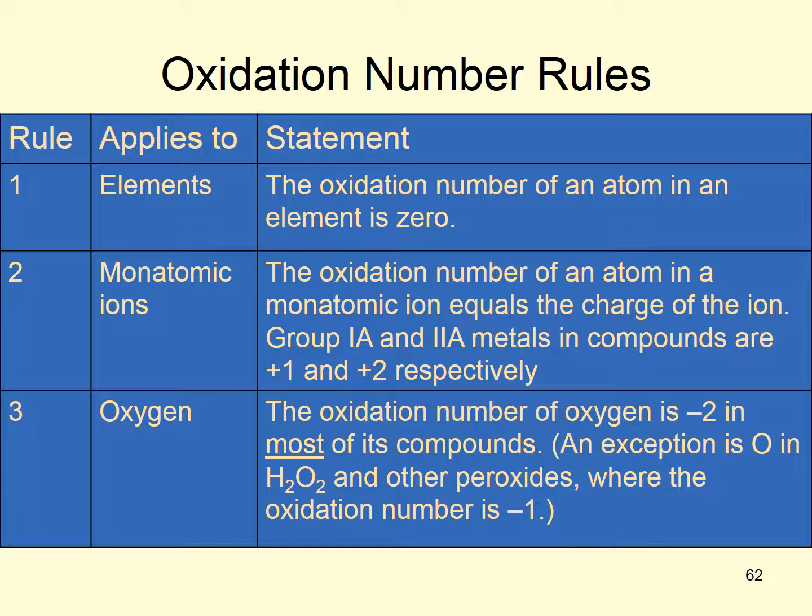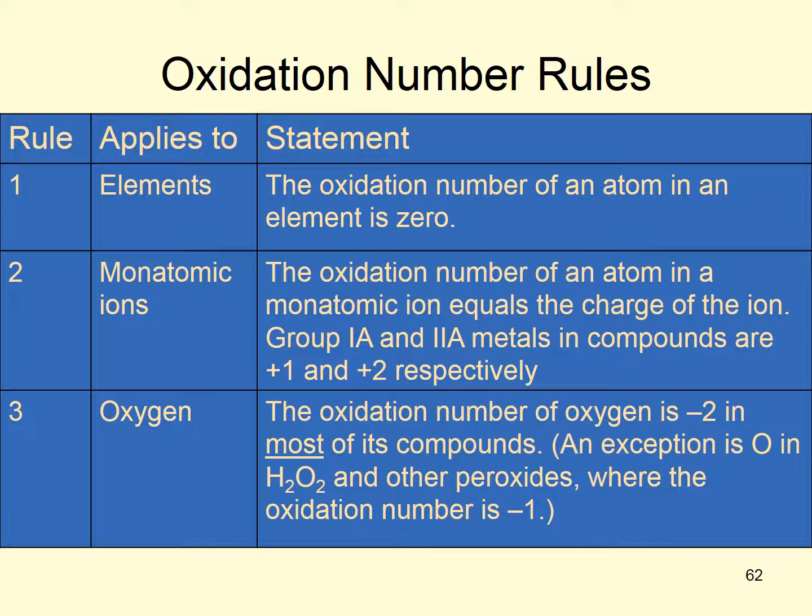And so if they're in a compound, they're an ionic compound. That means that they have a +1 if they're in group 1A or a +2 in group 2A. So even if they're in a compound and you don't see the charge, they are considered monoatomic ions. And then any other metal that shows its charge, that is its oxidation number.